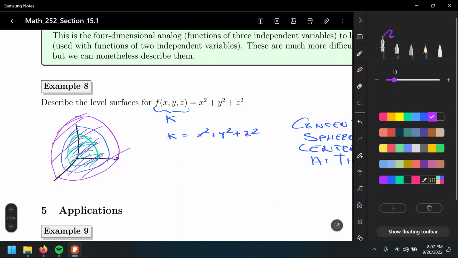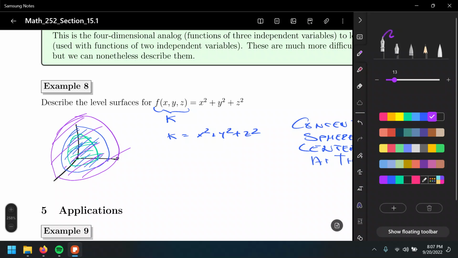Have you seen those candies, the jawbreakers they call, or the rocaletas, those lollipops? You have different layers of flavor. Those are actually spherical surfaces in this case. I know these are not spherical, but we can pretend these are spheres.